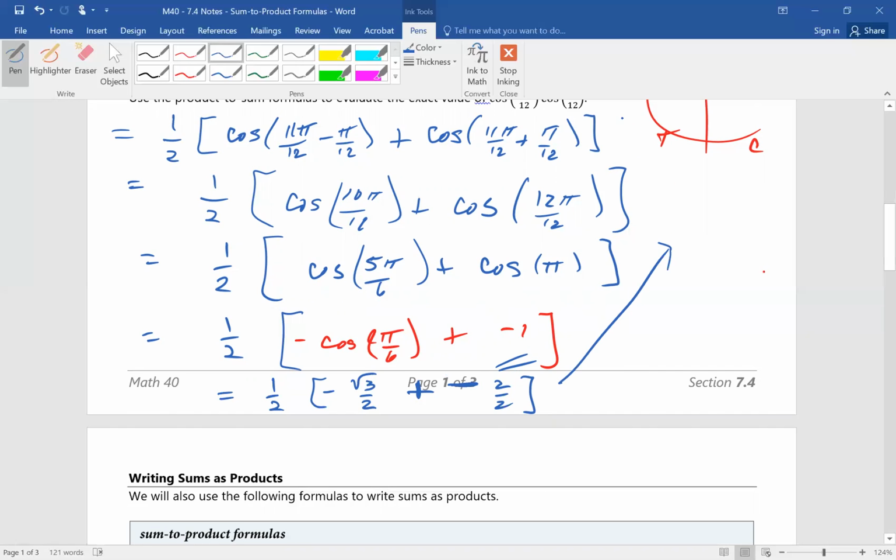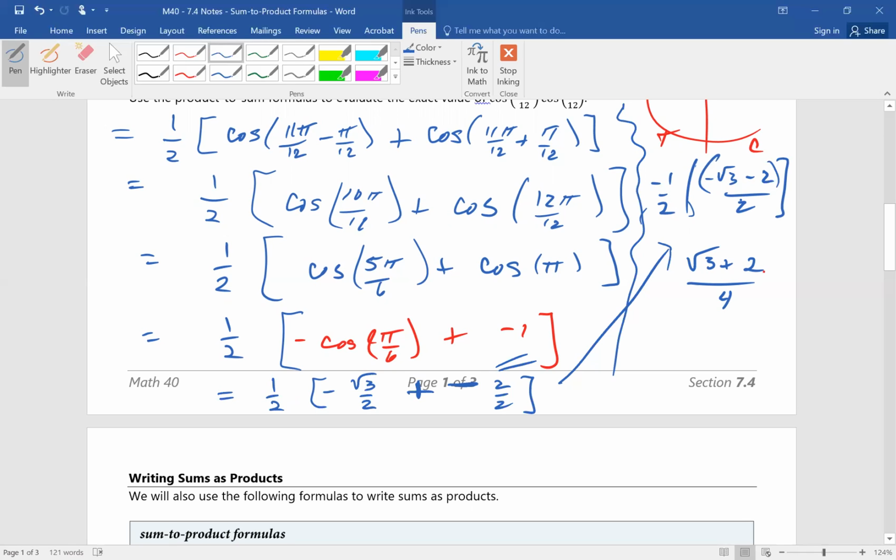You're going to have minus 1/2 the quantity minus root 3 minus 2 over 2. And that minus you can shove through everywhere if you want to simplify. And you're going to end up with root 3 plus 2 all over 4, because 2 times 2 on the bottom is 4. Notice this was patched up top. And that's as fast as it goes. This is the exact answer. No need for your calculator one bit.